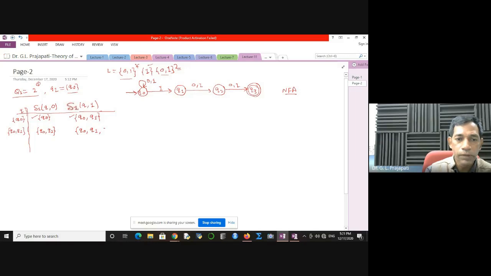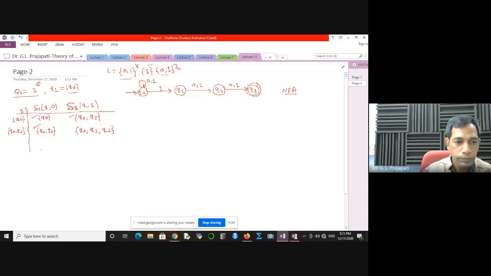So from the state Q0, Q1, your DFA for the input 0 goes to Q0, Q2, and for the input 1 it goes to Q0, Q1, Q2. You have seen the transition for Q0, Q1. This is the new state.